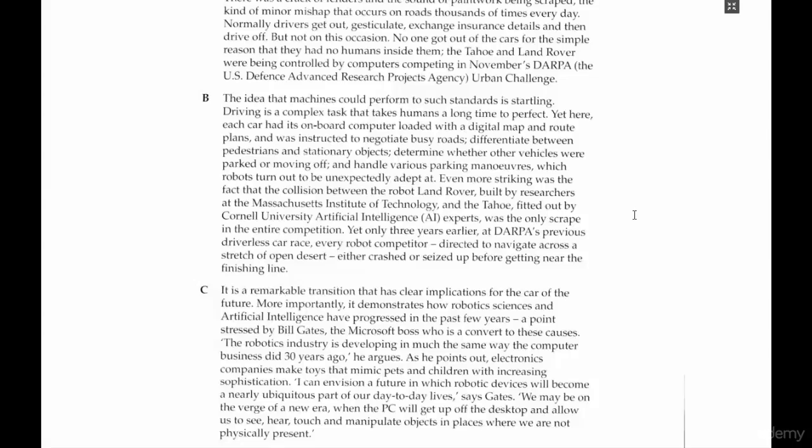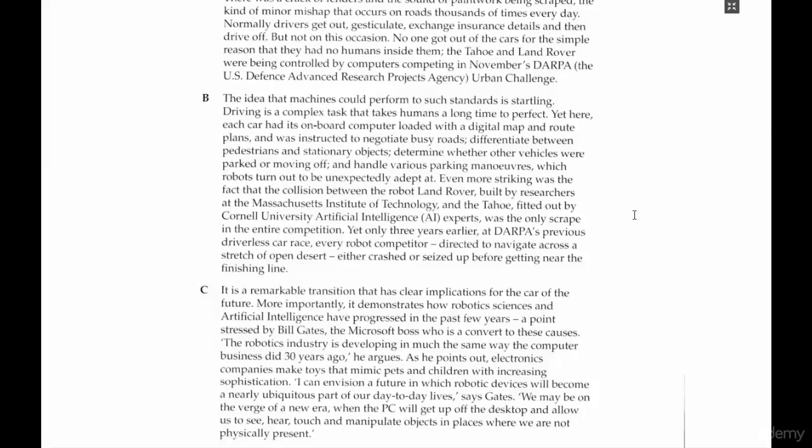So the first sentence tells us that the idea that machines could perform to such standards is startling, meaning it's surprising the machines could perform to this standard. Driving is complex and takes humans a long time to perfect. Our last sentence talks about 3 years earlier, there were the cars that all got into accidents.